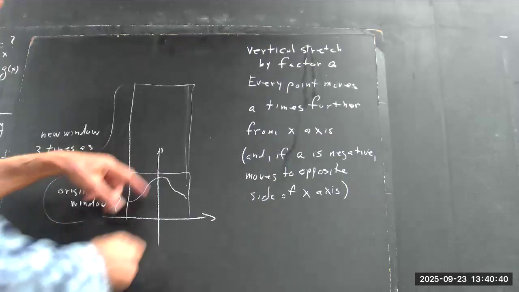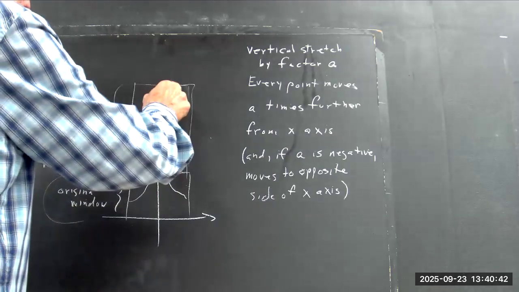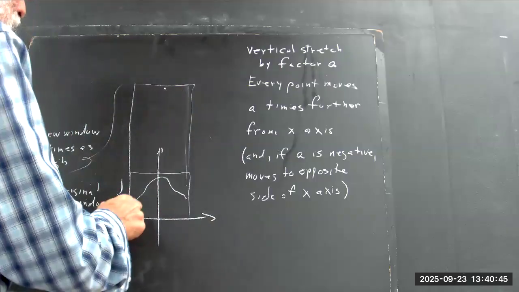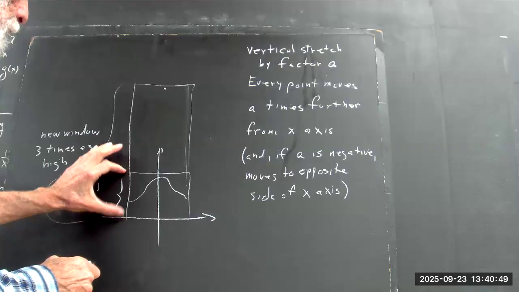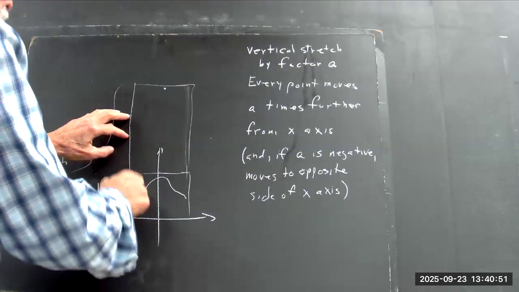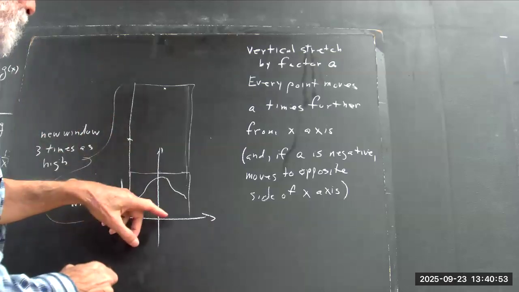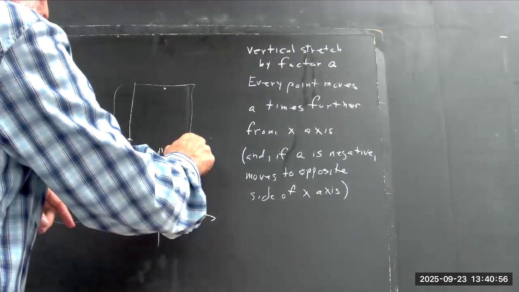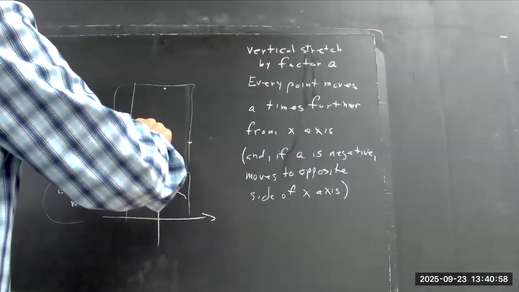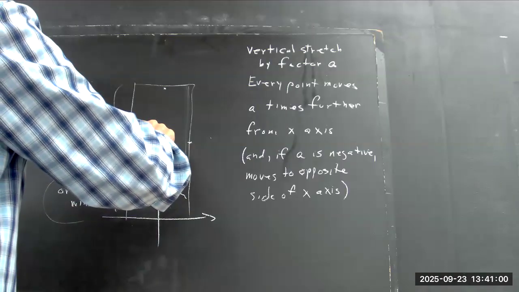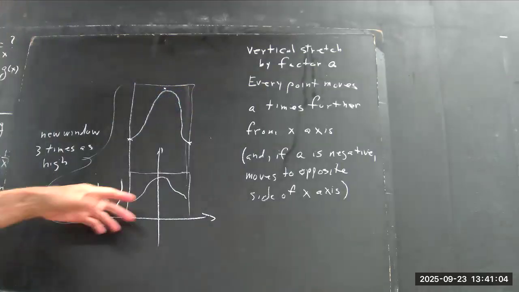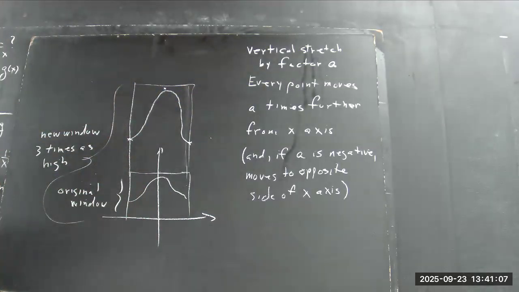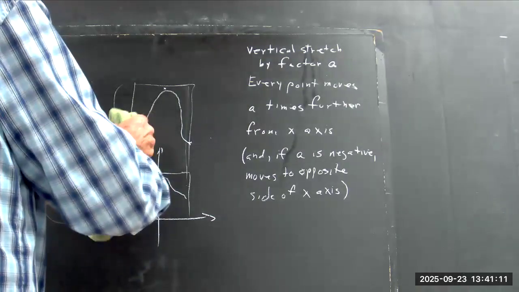This point here is near the top of this rectangle, so you're going to have a point near the top of this one. This point is a little less than halfway up the side of this rectangle, so halfway is here. We might have a point here. This point over here is about at the same level, and you just draw the exaggerated shape. It's going to look taller and skinnier, but, oh, wait. It didn't look right.